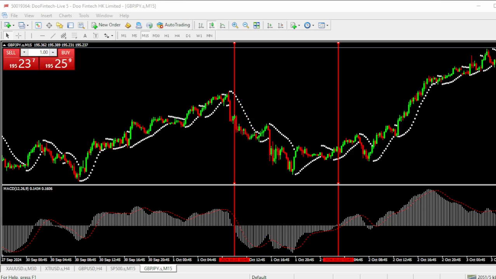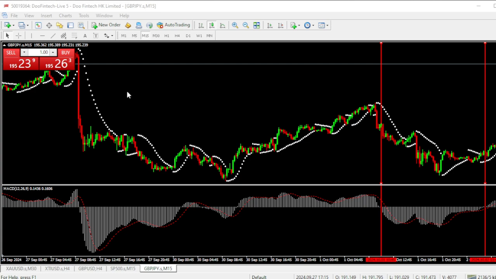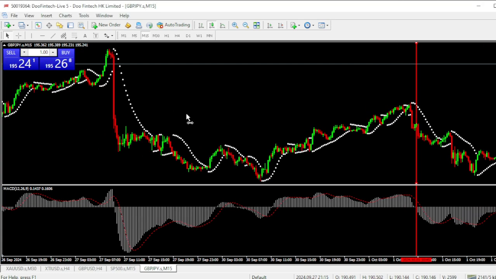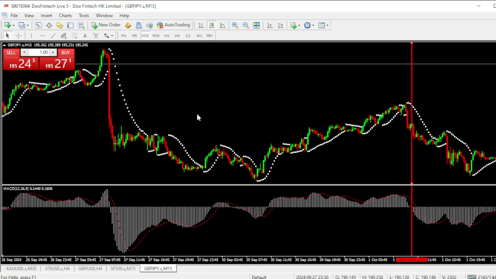Also, let's start another example with a buy position, right? So let's do it just like here. So let's do it in this example, right? Maybe this was a news scandal.